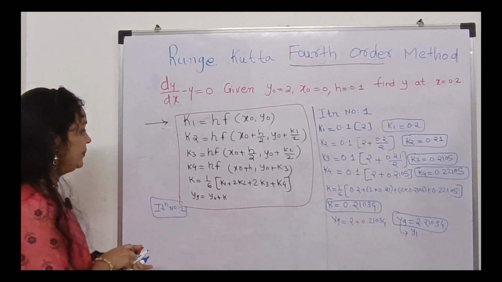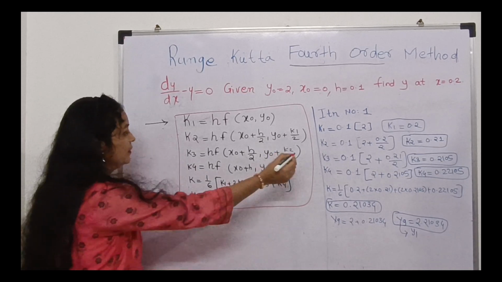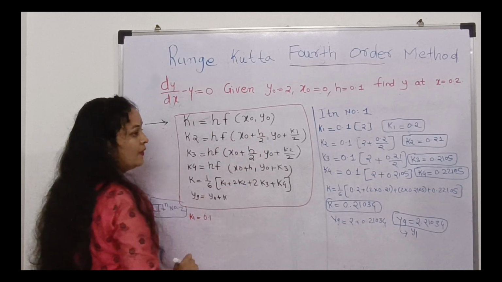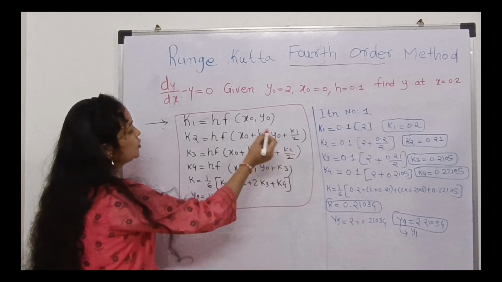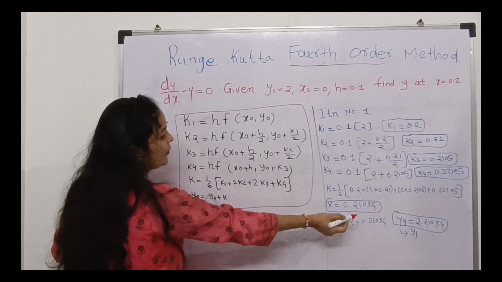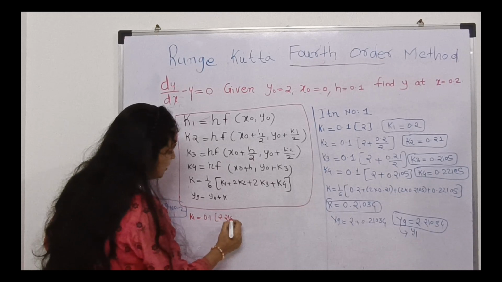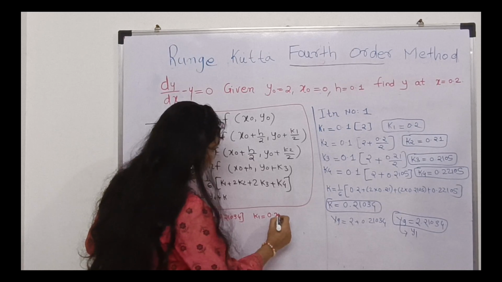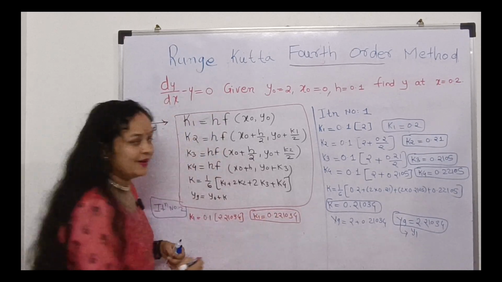Right? So now calculate for iteration number 2. Again you have to calculate K1, which is h, 0.1, times the function of y0, because they do not mention the x form over here. So now you have to consider yj as y1, multiplied by 2.21034. So our new K1 is 0.221034.